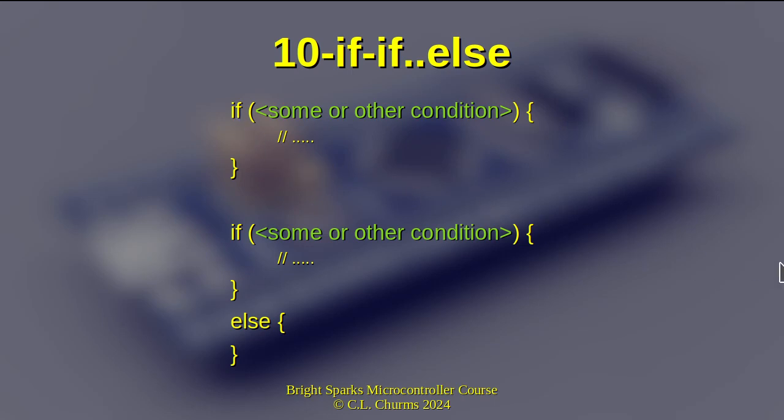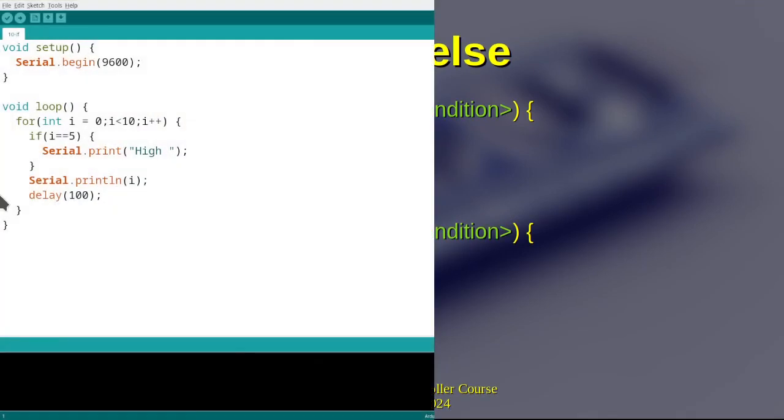Right, let's look at an example. We go to open BrightSparks if. Okay, so we're going to do something like we did last time, and we will switch that on. And you'll see, you recognize this.